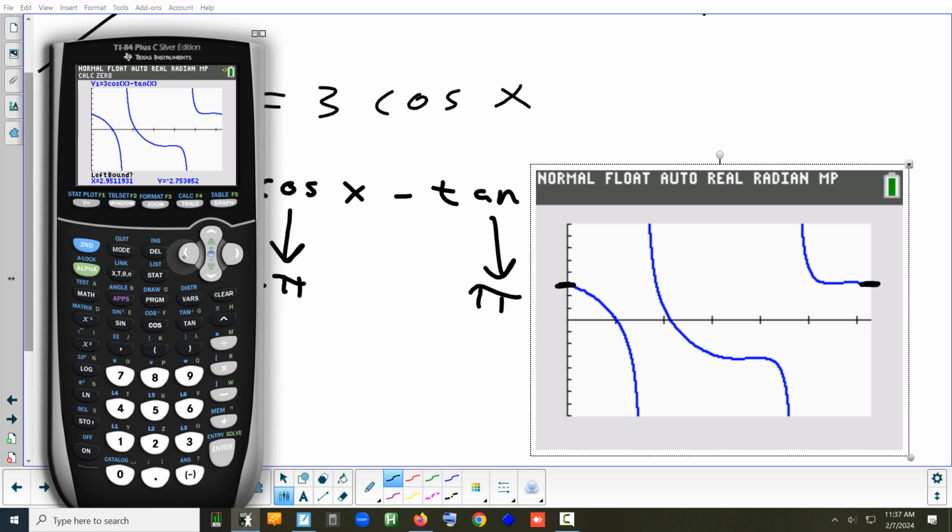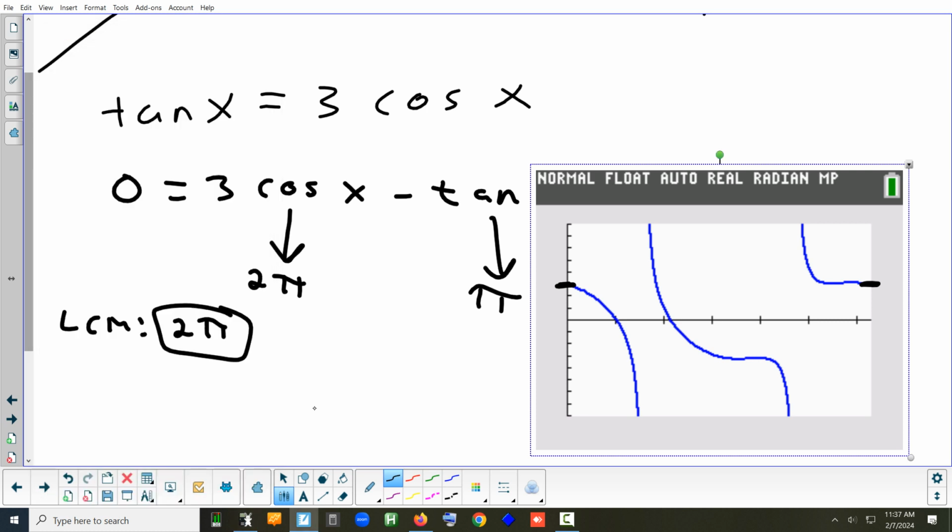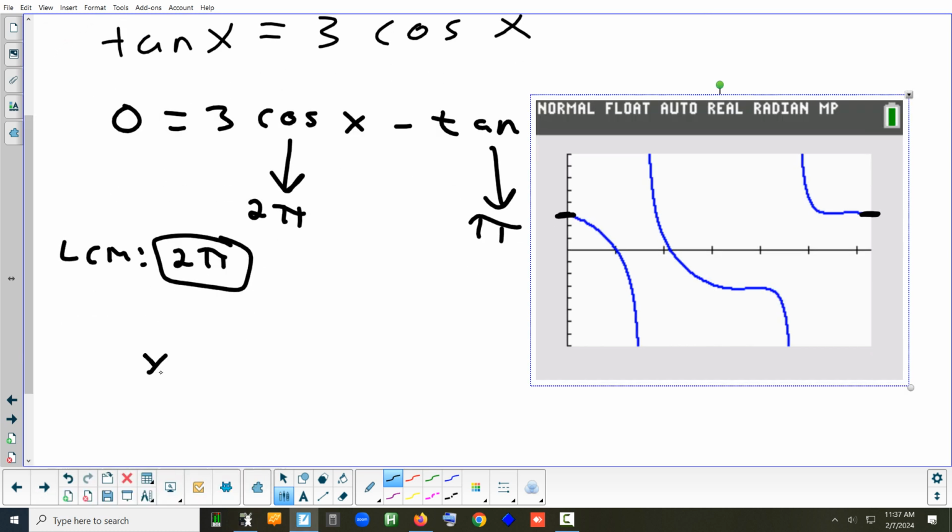Okay, I'm going to do the one in the middle. If somebody else can do the one on the left, that would be helpful. So the second answer is 2.13, and that's going to repeat every 2 pi. And what about the first answer? It's about 1.